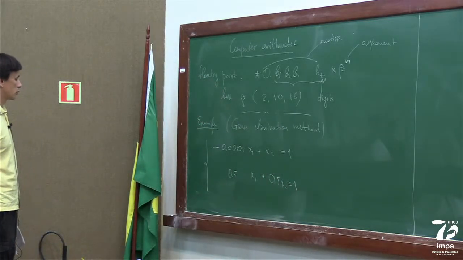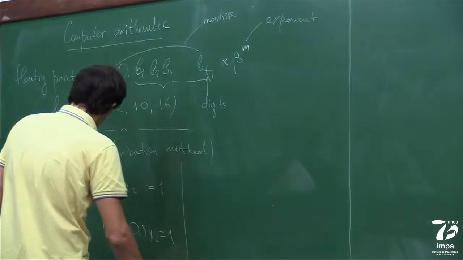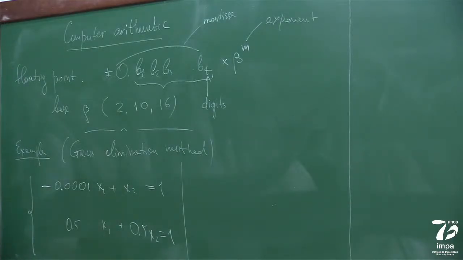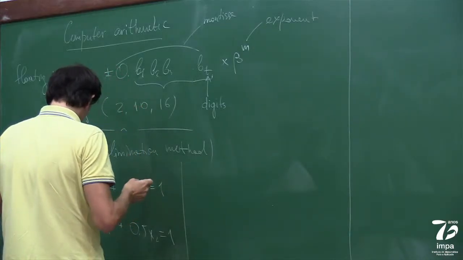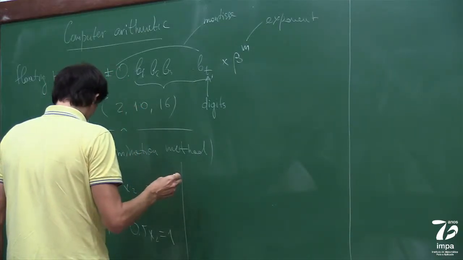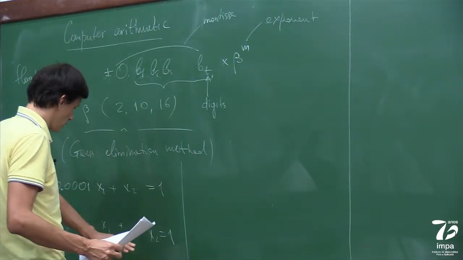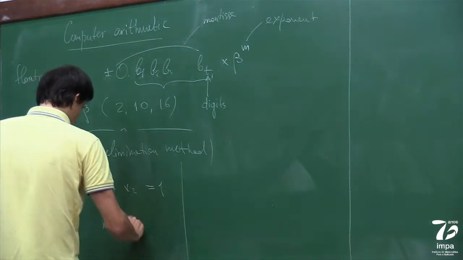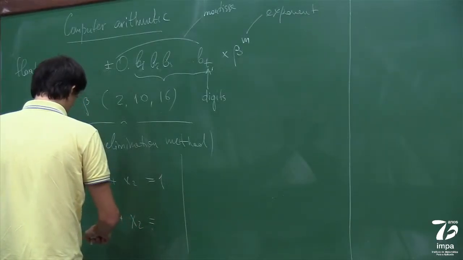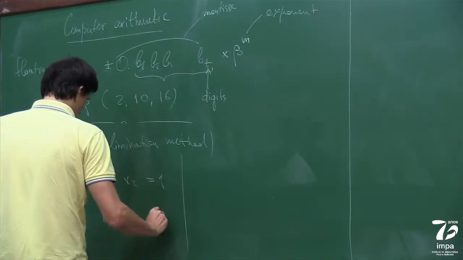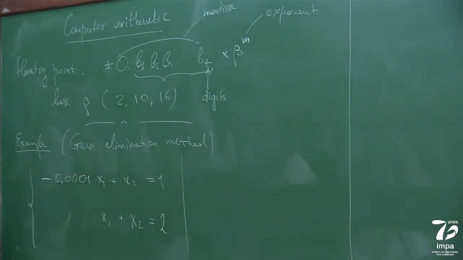So let's solve this system. Remember how you solve this system exactly with the Gauss elimination method. You take a combination. Let's just remove this 1/2, so the second equation becomes x1 plus x2 equal 2.